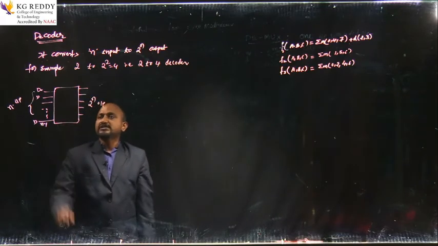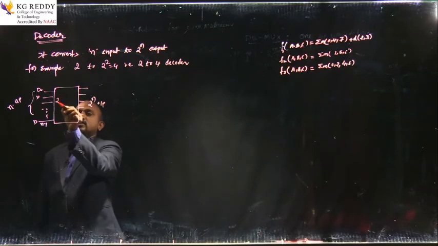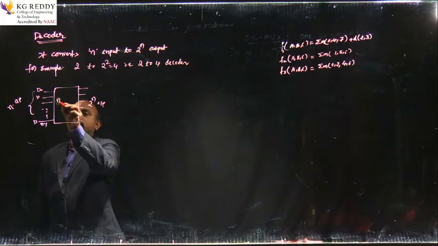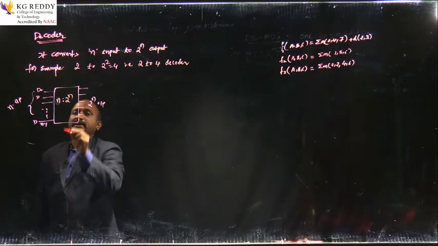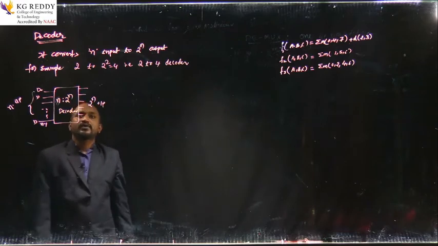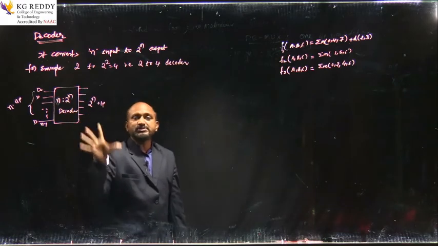So this is the block diagram for the n to 2 power n decoder. This is the general description of the decoder.